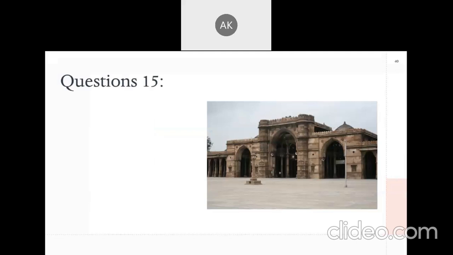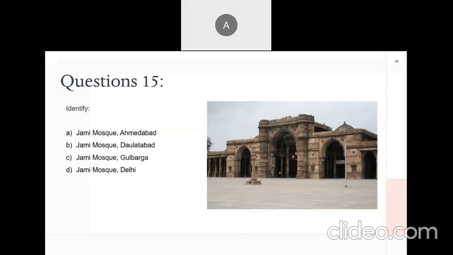Again, this is a well-known structure. This is the Jami Mosque of Ahmedabad. Yes, we can identify it through the architecture of this structure. Teen Darwaja is also from the same architectural style.